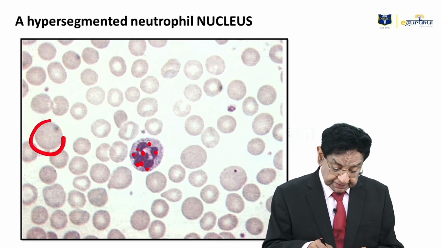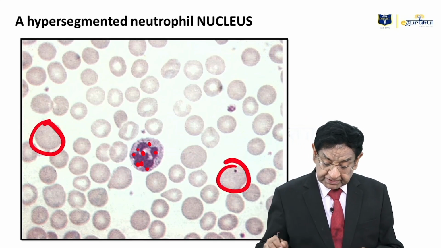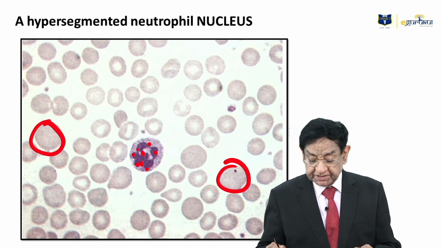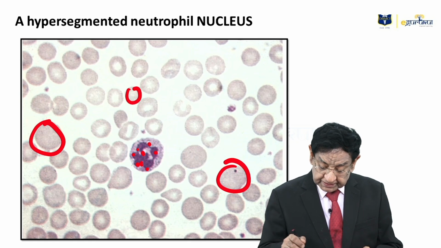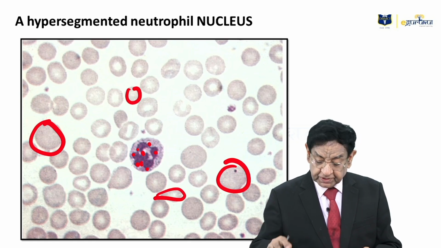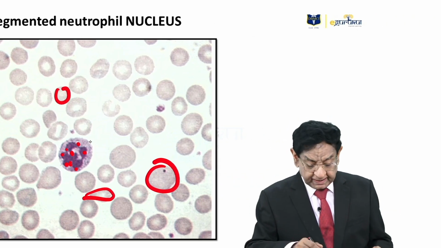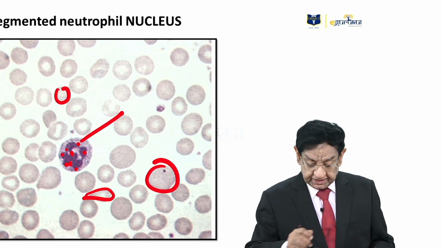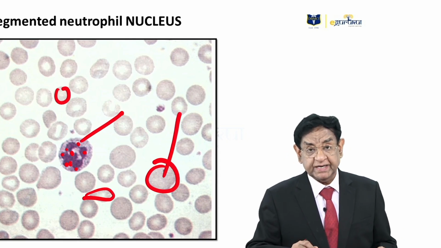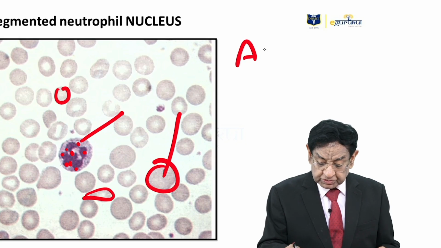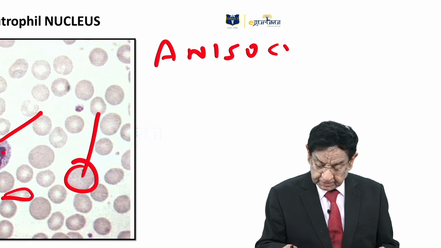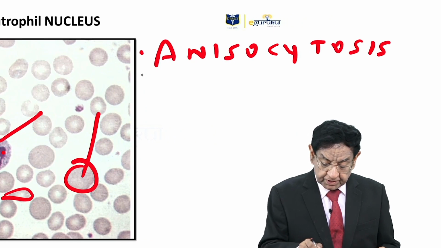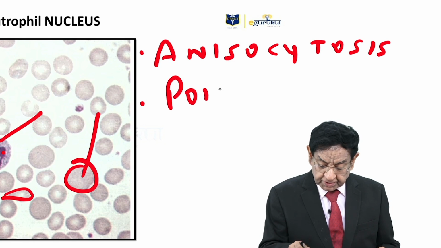Look into this, RBC sizes are increased. But in addition, please note, some RBCs are small, some are like this also. So in addition to hypersegmentation of neutrophil nucleus and macrocytes, we are also getting anisocytosis, poikilocytosis.